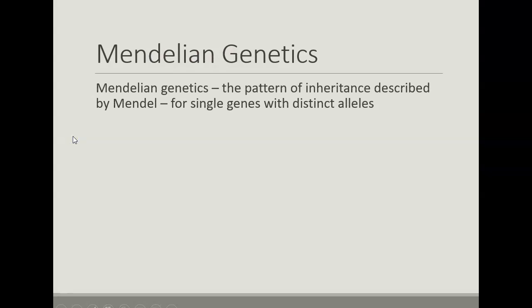When you hear the term Mendelian genetics, it really is a pattern of inheritance that is followed for single gene traits with distinct alleles. Now remember that alleles are forms of a gene.